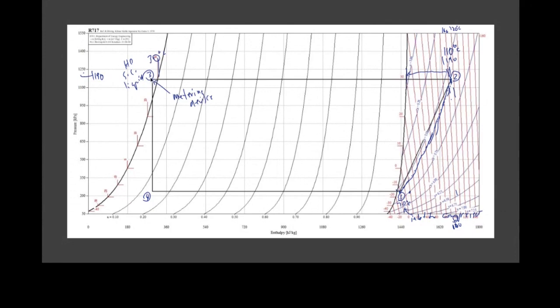And what we have to know then is that this is isenthalpic. In other words, the enthalpy at point 3 before it enters the evaporator is the same as the enthalpy of the liquid at point 4. I can draw a little line down here and say, well, what is that enthalpy?